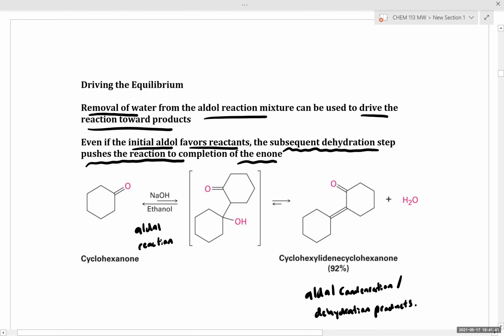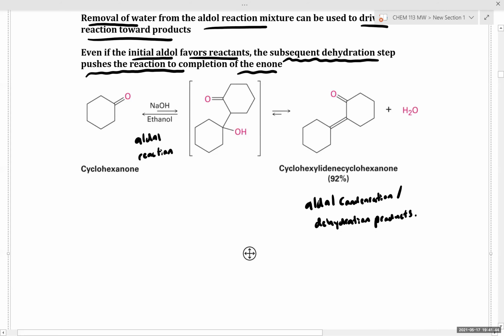So the way that this works is by Le Chatelier's principle, looking at this equilibrium. Currently, this reaction is reversible because you can deprotonate this oxygen and break this carbon-to-carbon bond.